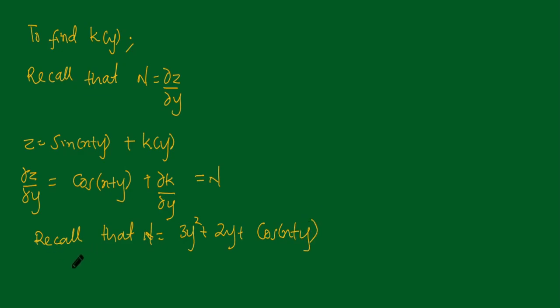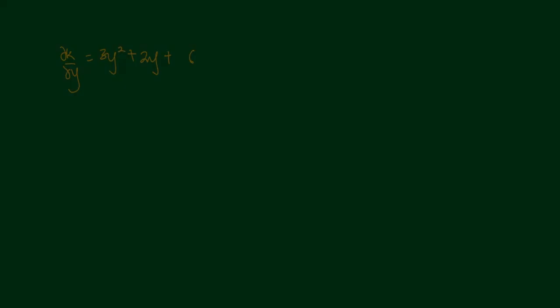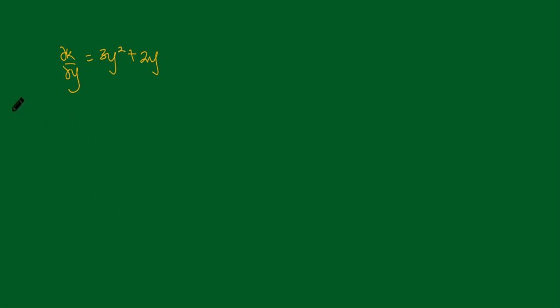So now when equating both to each other, we have cos(x + y) plus dk/dy is equal to 3y squared plus 2y plus cos(x + y). So by cancelling out the result on both sides, we now have our dk/dy to be equal to 3y squared plus 2y. That is, cos(x + y) has been cancelled out on both sides.